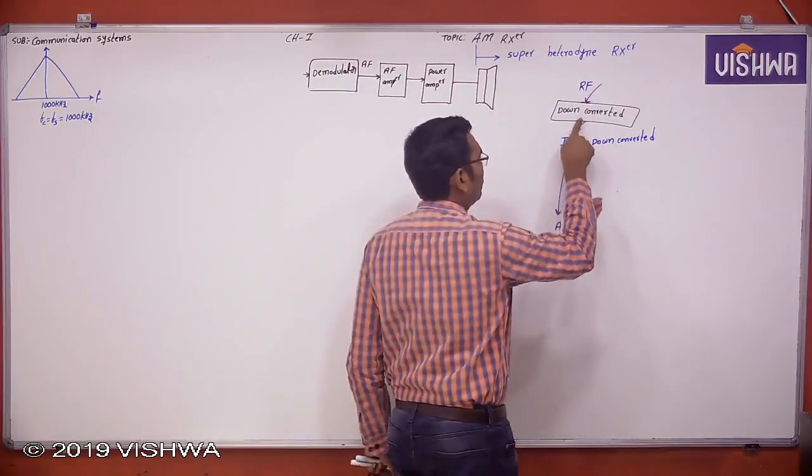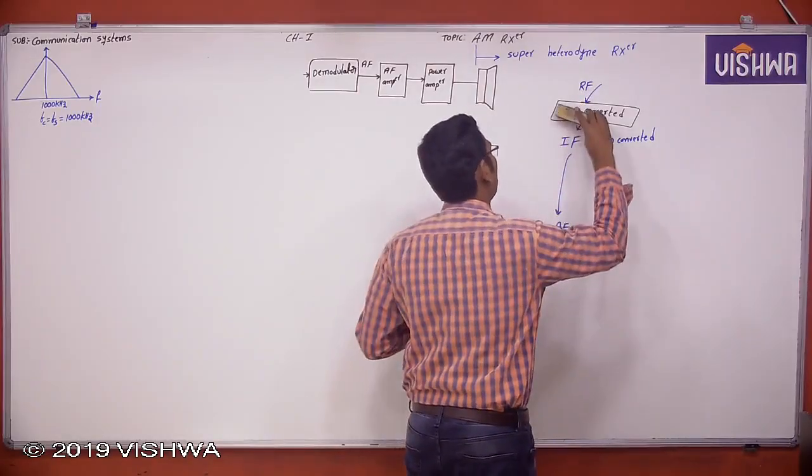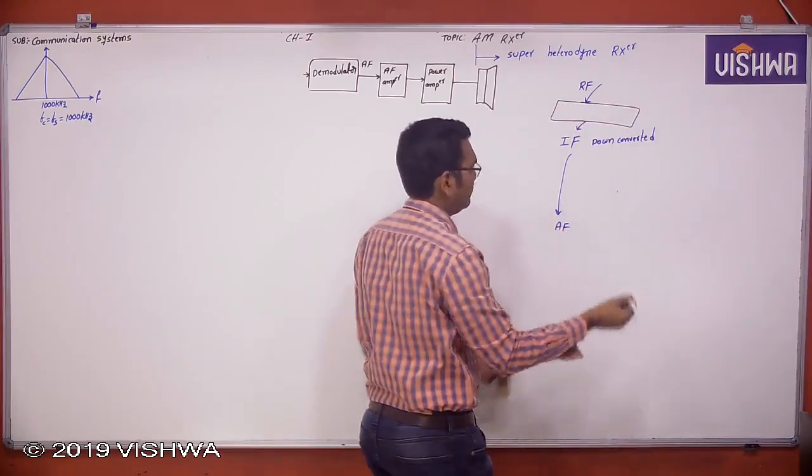Whose job is the down conversion? The RF high frequency signal is down converted to IF, and this down conversion job is done by the mixer.